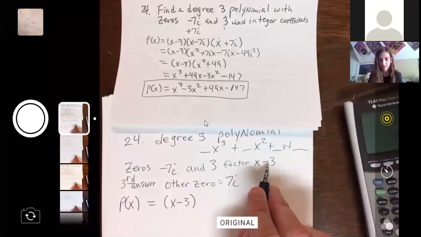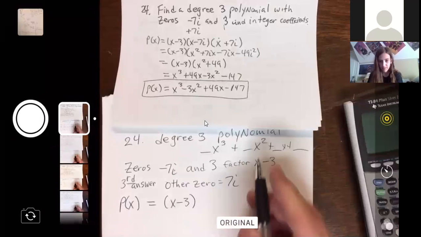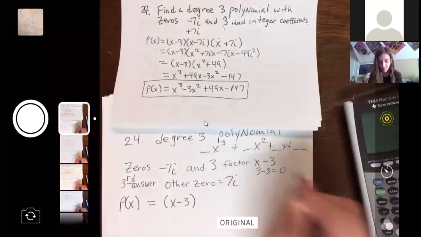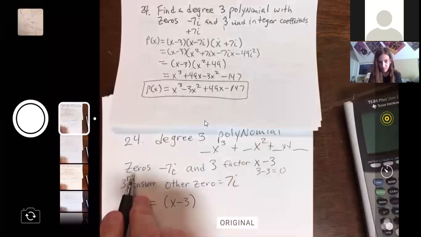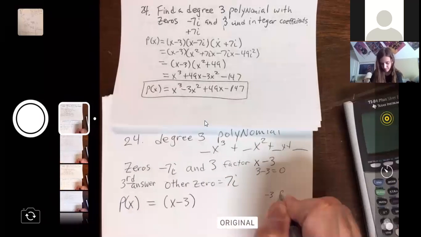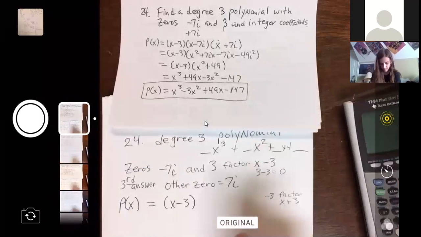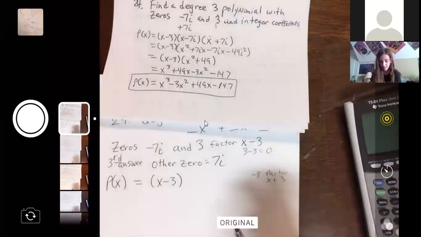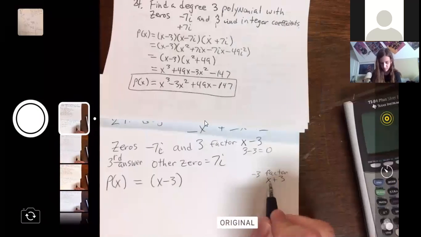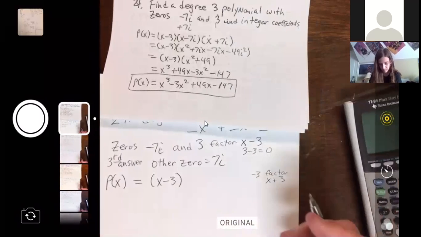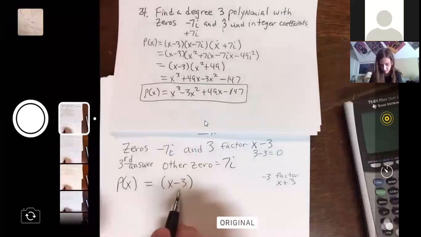I think so. Okay. That's so you can put in 3 and you get 3 minus 3, which is 0. That's why it's called a zero. If it's negative 3, your factor would be x plus 3. The sign switches when you go to the factor. So you can put in negative 3 plus 3 and get 0. All right, so that is the factor for the 3.